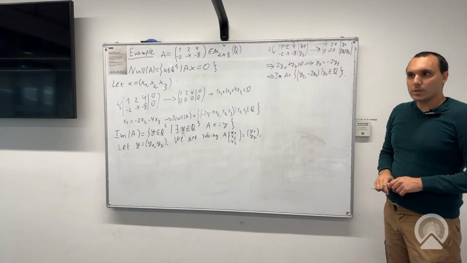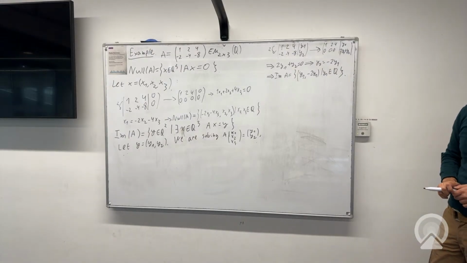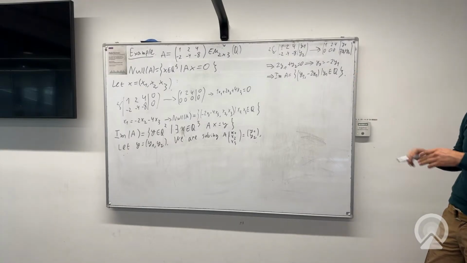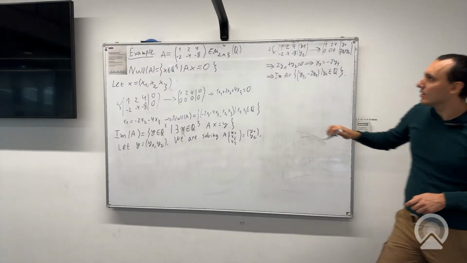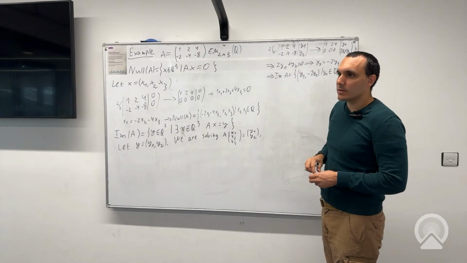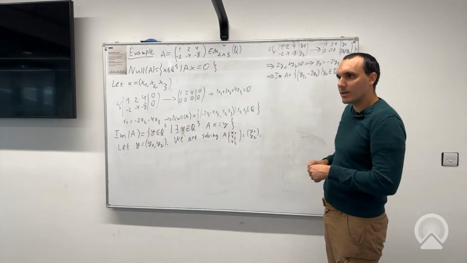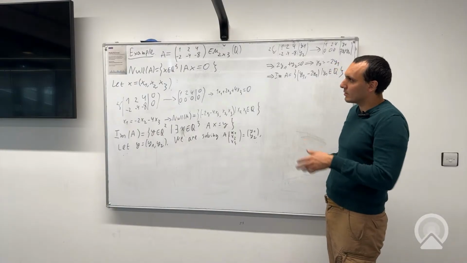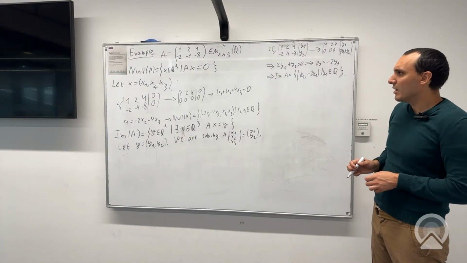Okay, any questions about this? Here I will work with a field. It can be a little bit different if I work with a non-field, because the standard Gauss method usually requires me to divide sometimes, and if I cannot divide, there may be problems. But this is fine for the introduction.